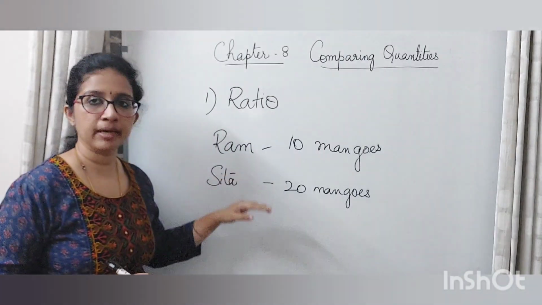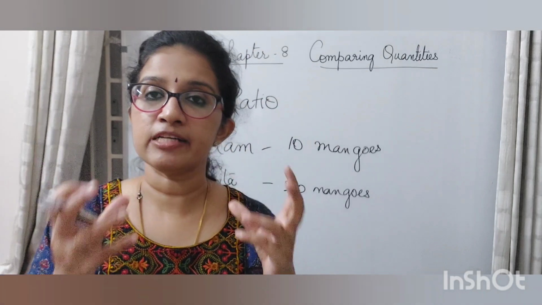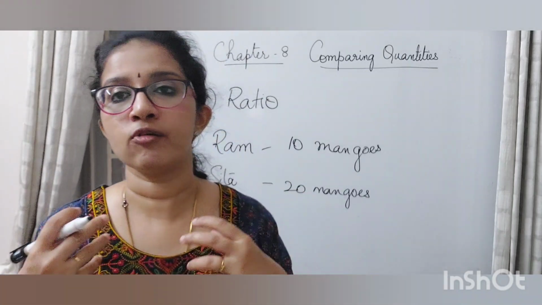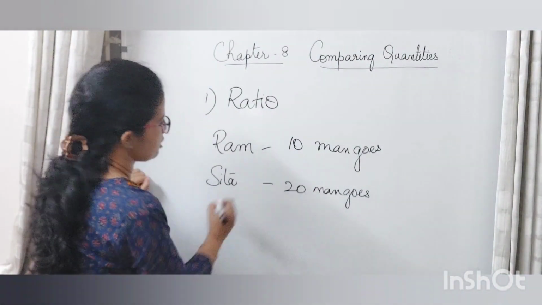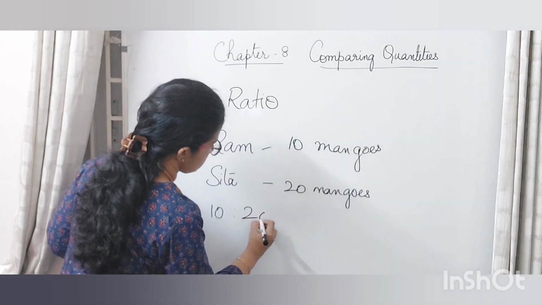Ram has 10 mangoes and Sita has 20 mangoes. So, what is the ratio of the mangoes which Ram has to the mangoes which Sita has? We can write the ratio as 10 is to 20, right?